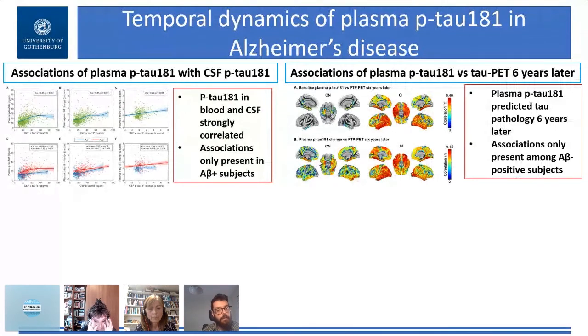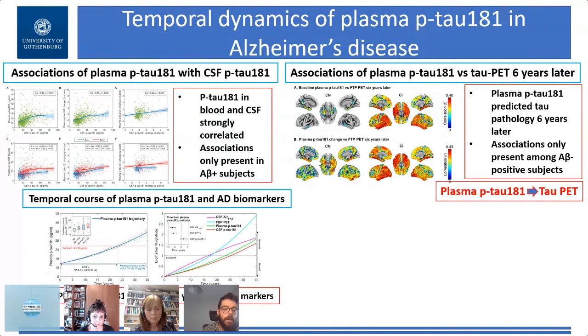Both baseline measurements and longitudinal changes were associated with widespread tau pathology in both initially impaired and initially unimpaired individuals. Again, associations were only present in amyloid-positive subjects. So this result suggests that maybe plasma phospho-tau elevations might precede neurofibrillary tangle aggregation as measured with tau PET.